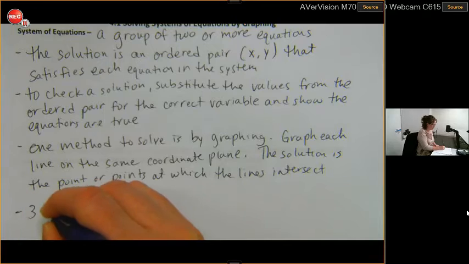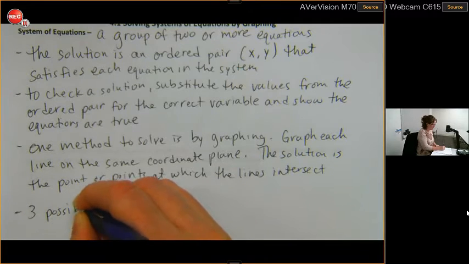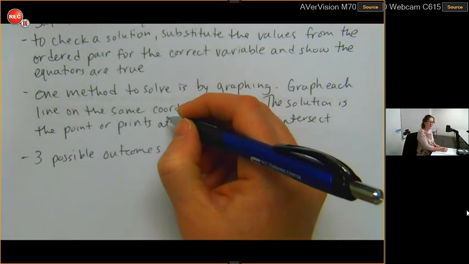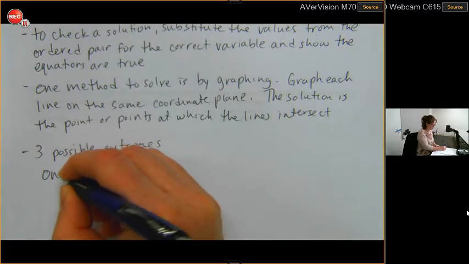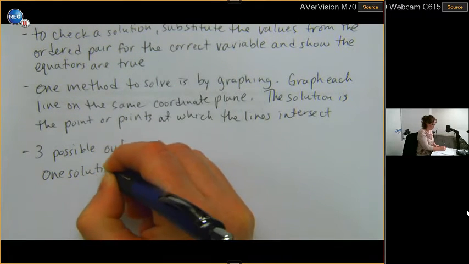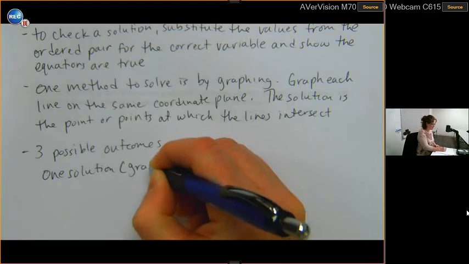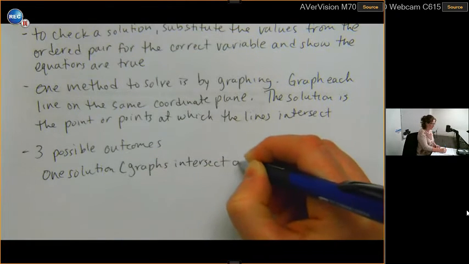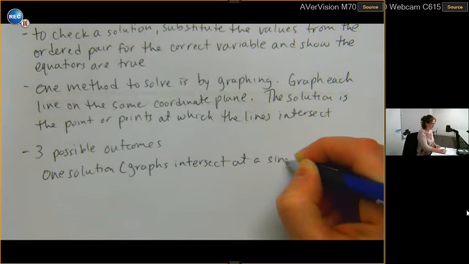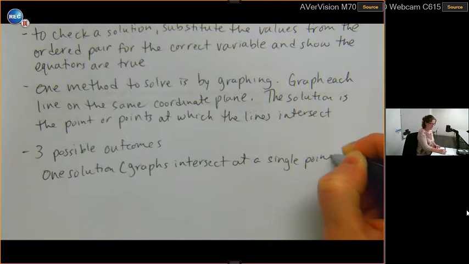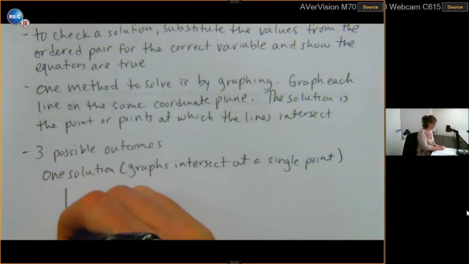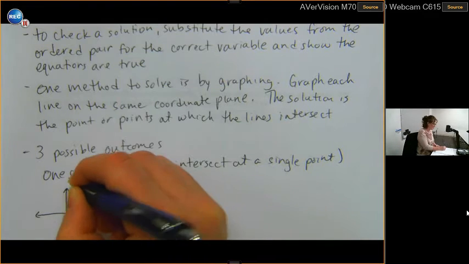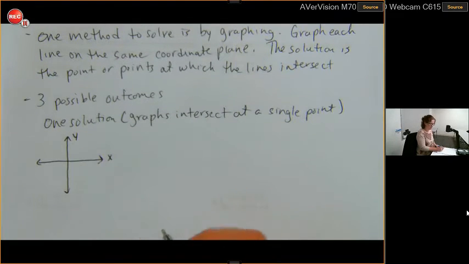We're going to have three possible outcomes. The first one is that you have one solution, meaning the graphs intersect at a single point. On the coordinate plane, so this is my xy axis, it's going to look something like this.